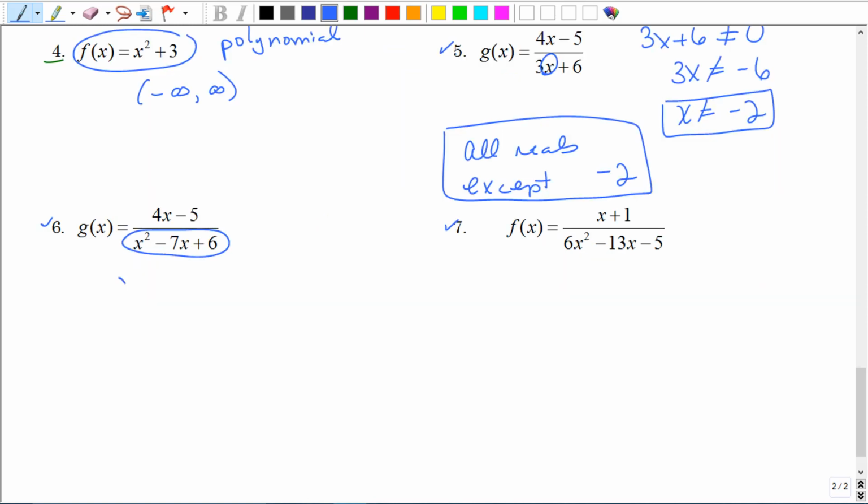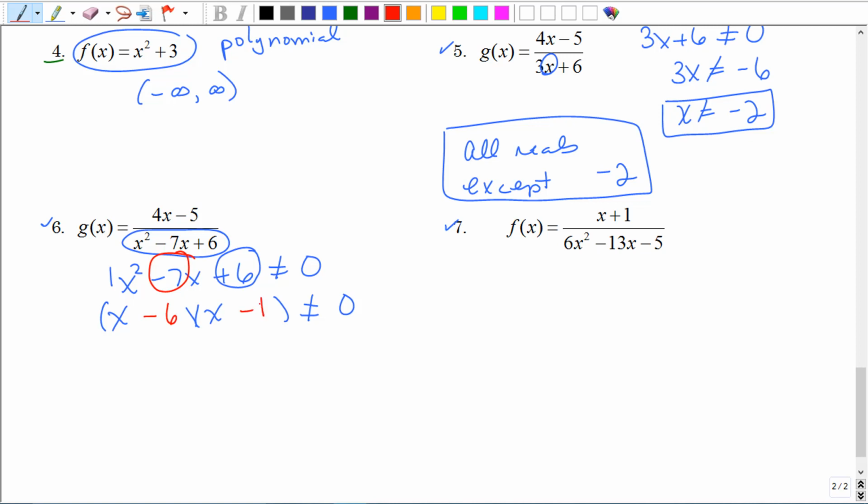Okay, so we're going to set the denominator not equal to 0, because I don't want to divide by 0. And now I have to remember how to factor a trinomial with a coefficient of 1. So I know x times x. So basically you want to say what multiplies to get positive 6, but adds to get negative 7.